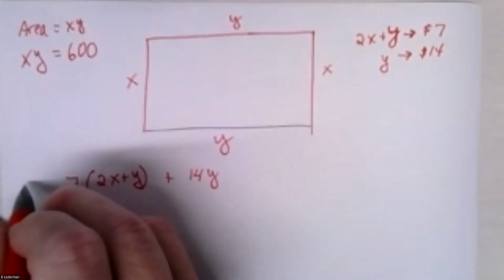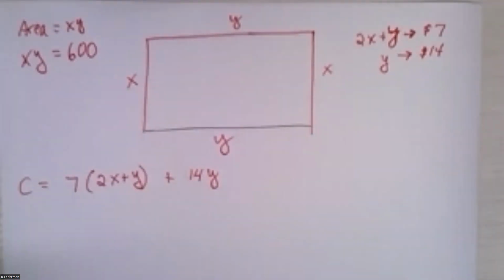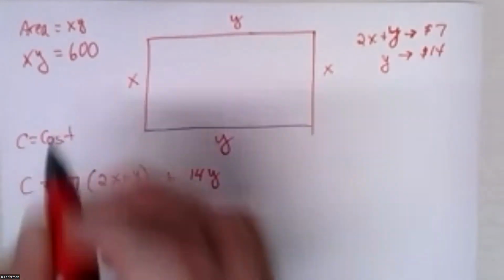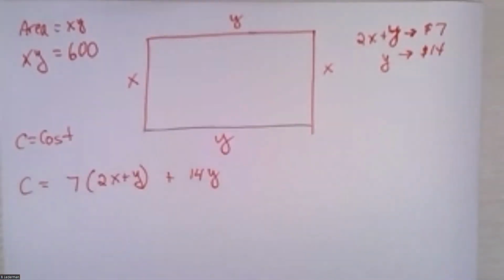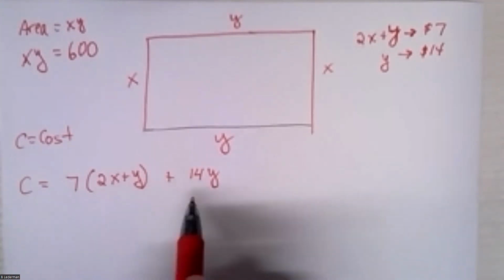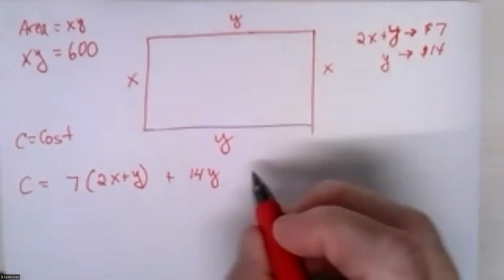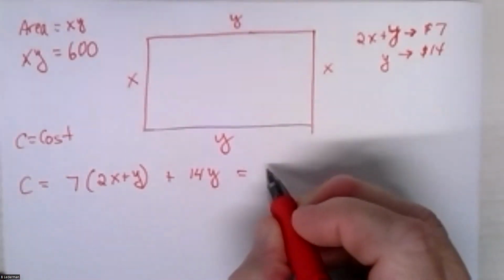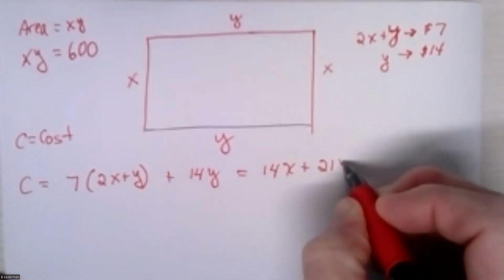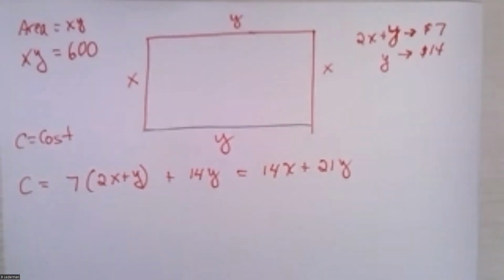That's just some number. We'll call it C, for cost. So we want to minimize C. C is a function of 2 variables. C equals 7 times (2x plus y) plus 14y, which equals 14x plus 21y.